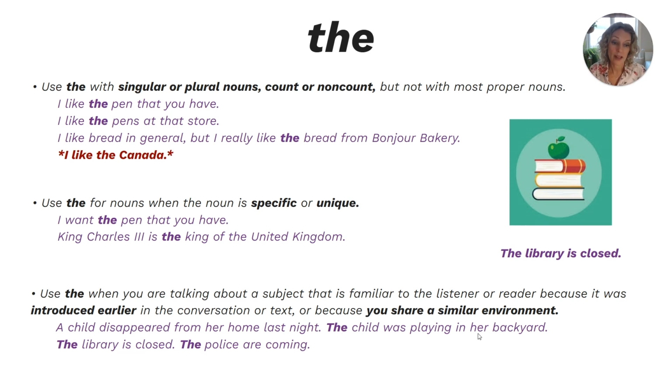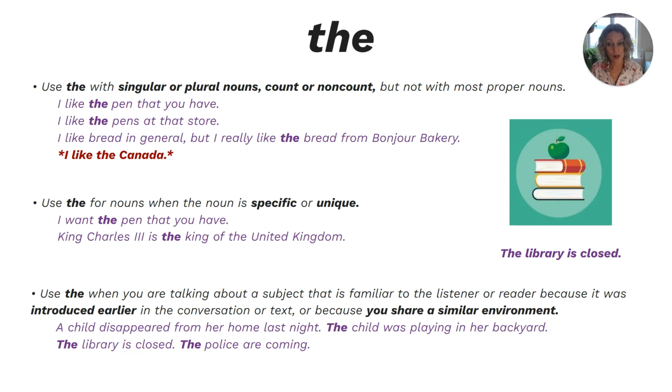The child was playing in her backyard. So for the beginning of the story, we use a because it's any child. We don't know which one yet. But as soon as we start talking about them and we know the whole story is about them, then they become a specific child, the child in the news story. And we use the definite article after that to refer to them.